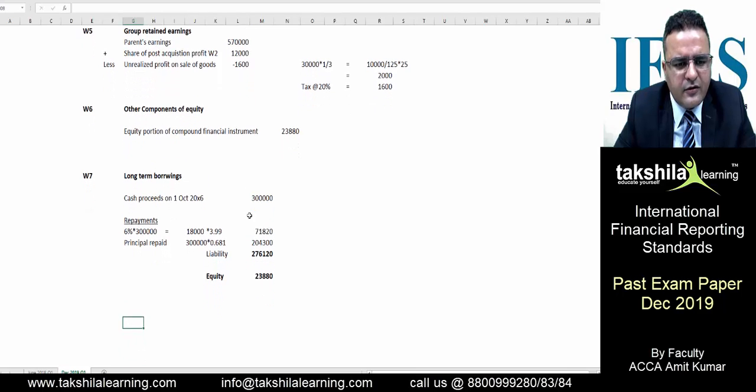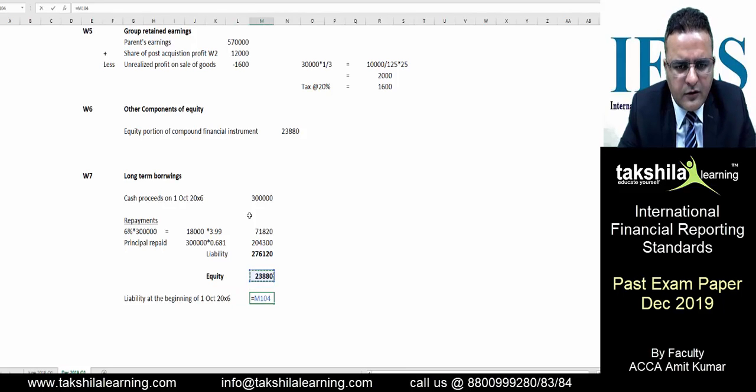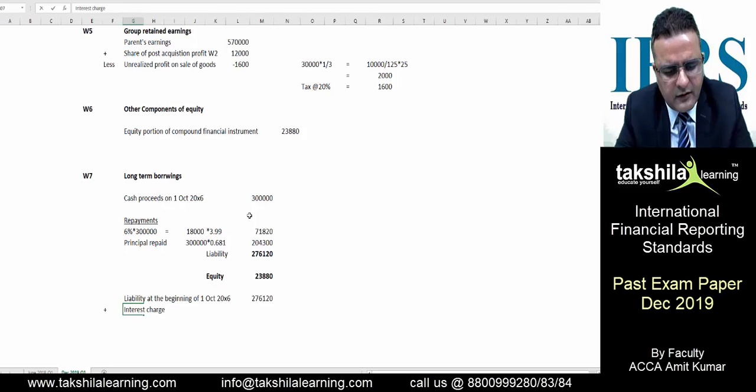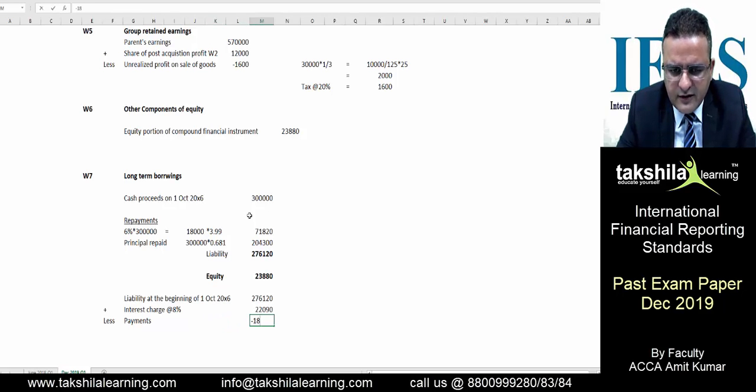Now this liability at the beginning of the year, liability at the beginning of 1st October 20x6 is equal to 276,120 plus interest charge on it at the rate of 8%, which is equal to 8% into 276,120, less payments in arrears at the end of the year, that is 18,000.